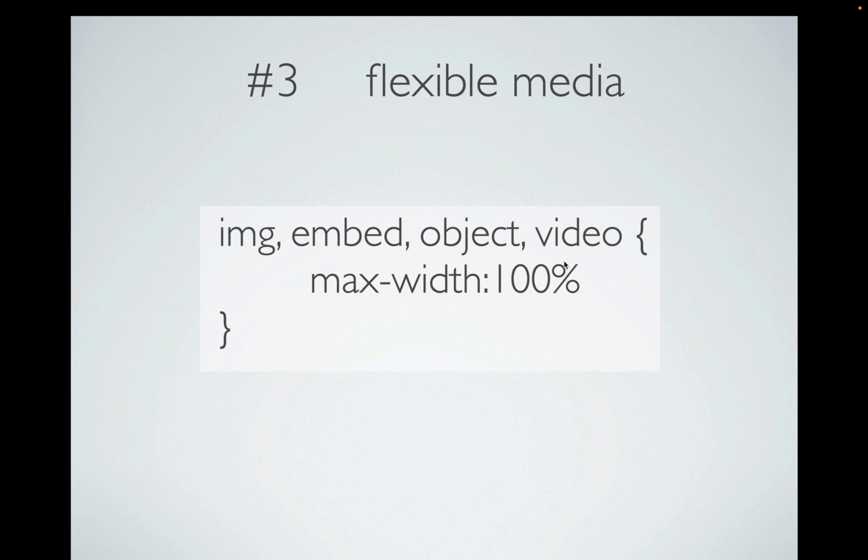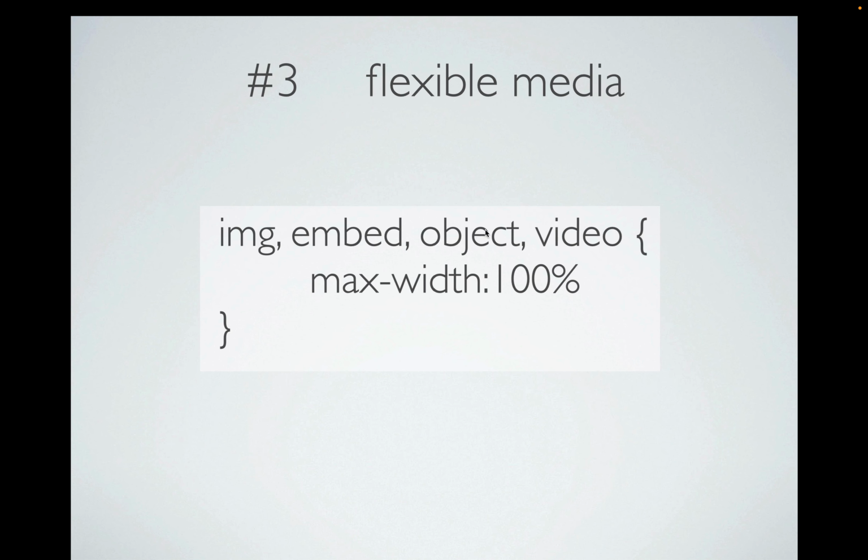So using this max width is something you always want to do. Right? There's going to be more to this flexible media thing. This one, I guess, is just as important to me as percentage-based widths, but it is a percentage-based width. But it's max width.